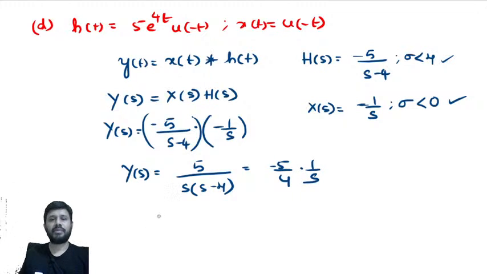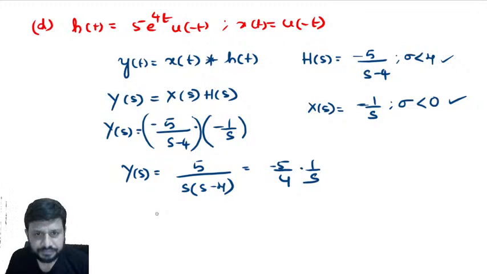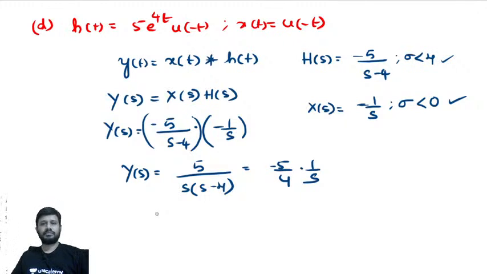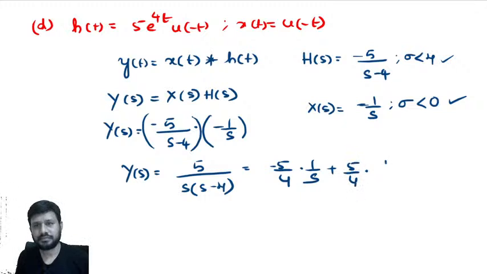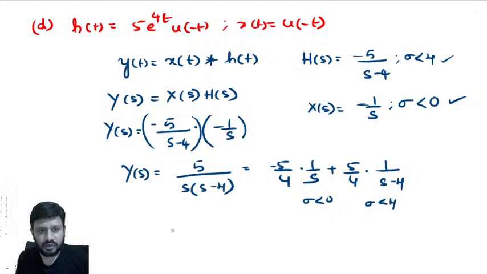S is equal to 0, if I put, minus 5 by 4, 1 by s. S is equal to 4 you put. Now this is sigma less than 0, sigma less than 4. Write the inverse.